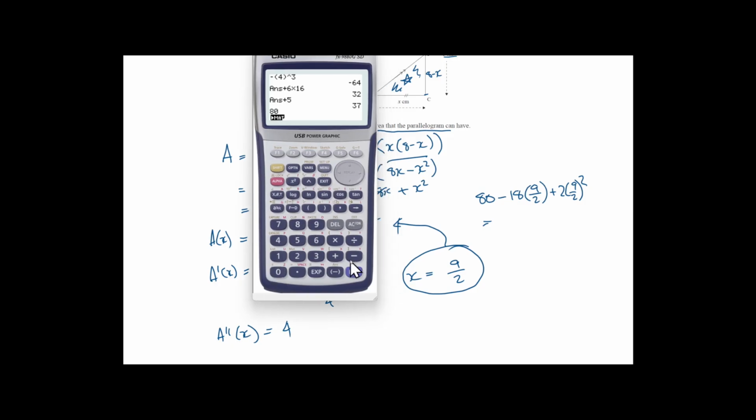So 80 minus 18 times 9 over 2 plus 2 times 9 over 2 squared equals 79 over 2, 39.5.